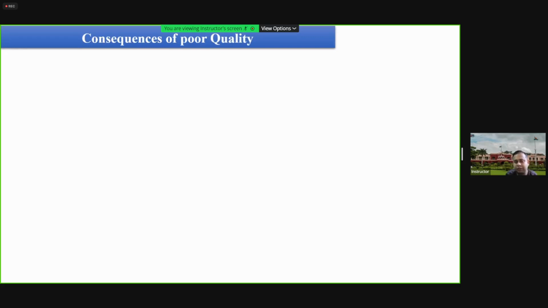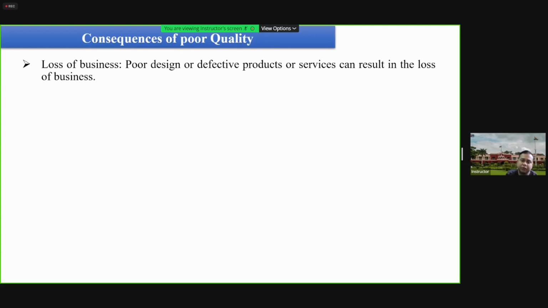Next is consequences of poor quality. Obviously, there is loss of customers and loss of business. Costs might increase eventually. Then there can be issues related to facing liabilities if someone gets injured during the use of our product.